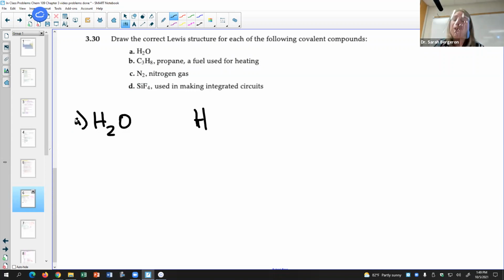Only 1. So I can do this with a Lewis dot diagram, where I put each valence electron as a dot, right? So I have 2 hydrogen atoms. And what else do I have? Oxygen.